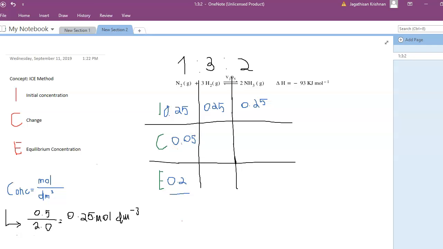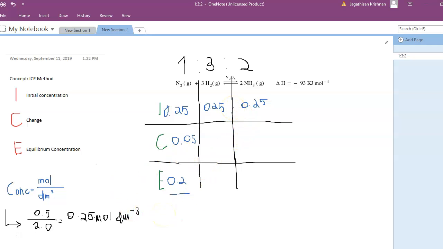Now, to find the change in hydrogen and ammonia concentrations, we need to look at the molar ratio of hydrogen to nitrogen and ammonia to nitrogen. So why nitrogen? It is because we already have the full information here: its initial concentration and its change, as well as its equilibrium concentration.